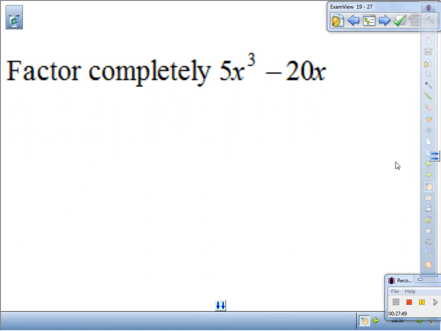It says factor completely. 5x cubed minus 20x. All right. To factor completely means start checking to see if there's a GCF. So name the GCF for these two, please. 5x.